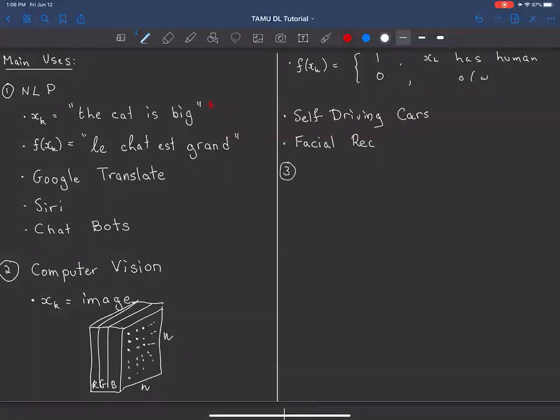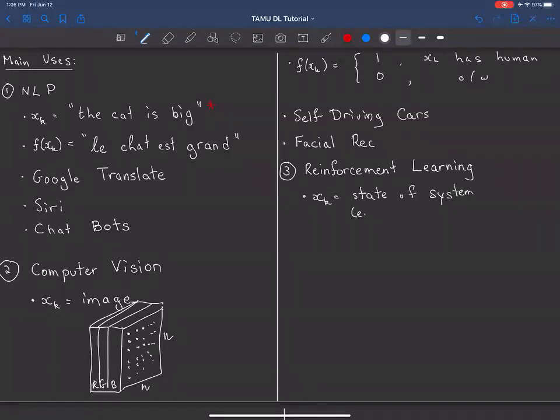Okay, and then the last use case, which is actually how I got into neural networks, what seems like a million years ago now, is what people call reinforcement learning. In reinforcement learning, this one maybe is the least familiar to people. You can think of it like this. The input is the state of some system.